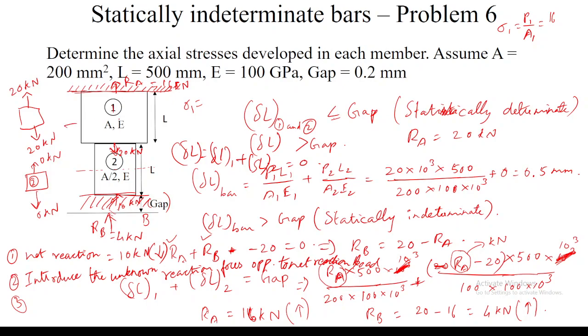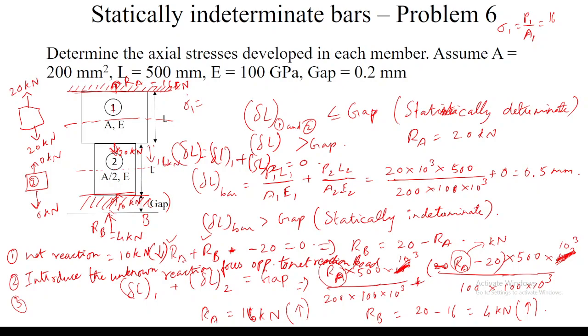So when you take a cross section here and balance the forces in the upward as well as the downward side, in the upward direction RA equals 16 kilonewton, which is a tensile load, and in the downward direction 20 kilonewton is acting downwards and 4 kilonewton is acting upwards. So 20 minus 4, which is equal to 16 kilonewton, is acting downwards for member one.